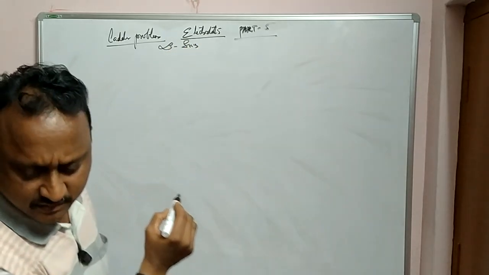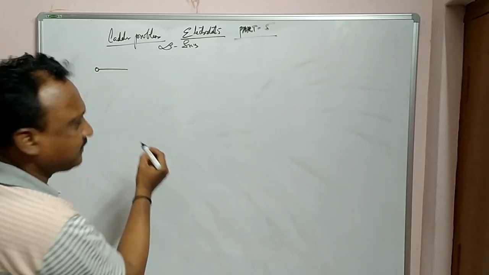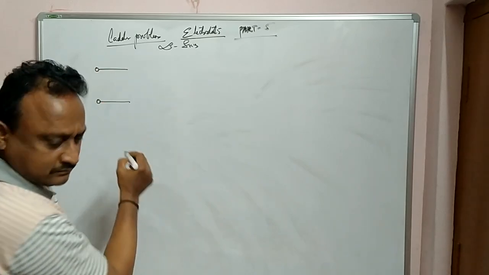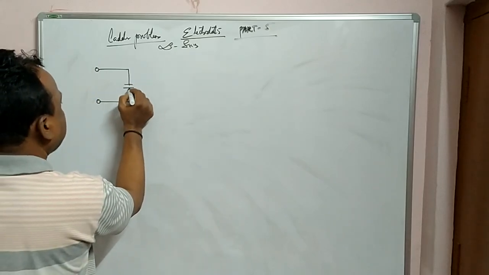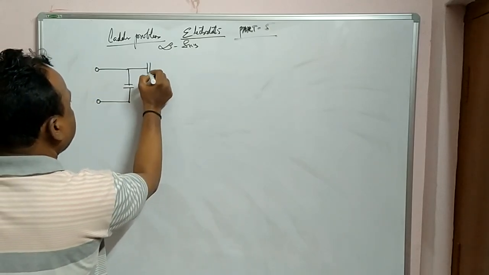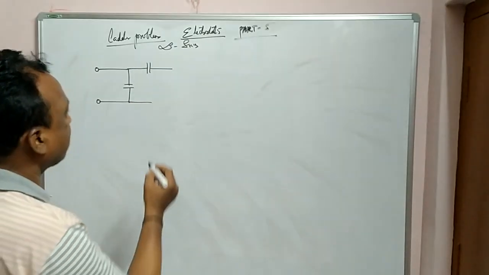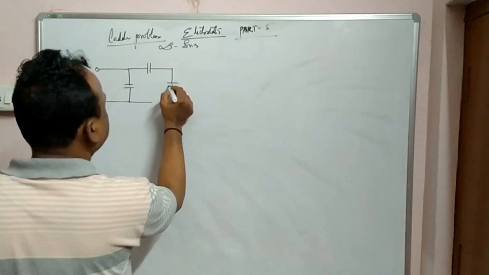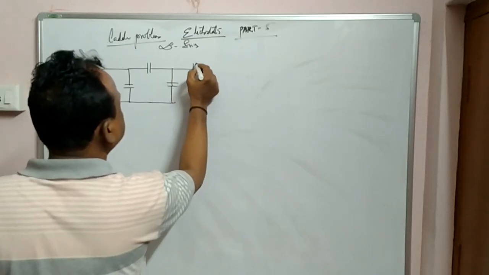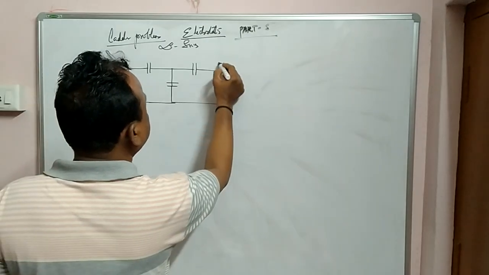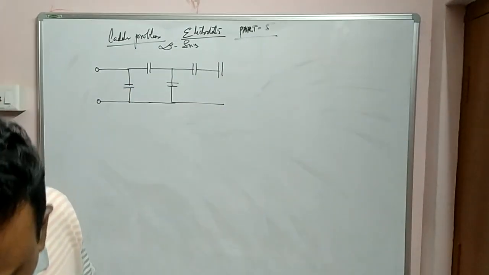If you are given the infinity series, for example, one capacitor like this, another one, another one like this, continuing.